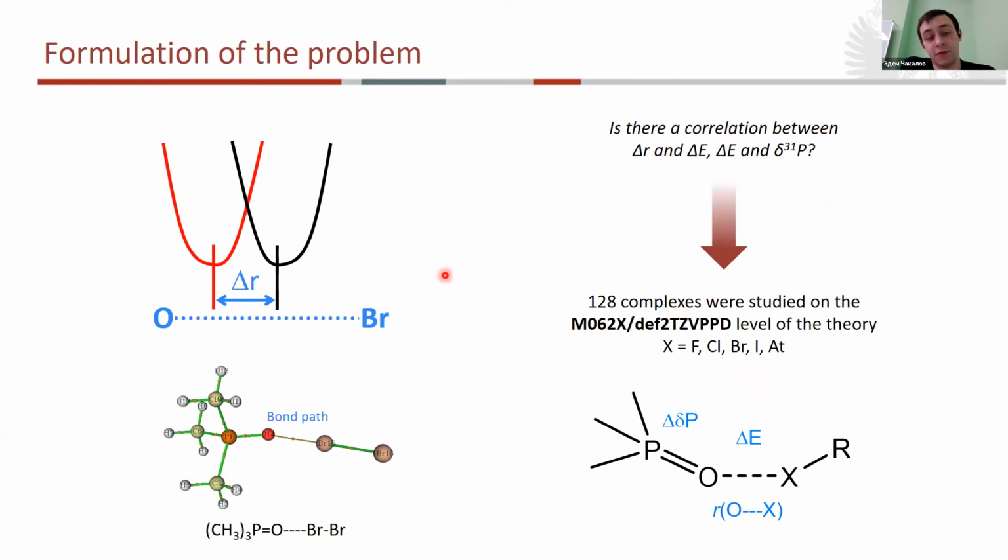Despite the wide abundance of halogen bonds, the relation between the halogen bond and its electronic structure parameters, which are related to the halogen bond strength and geometry, isn't yet fully understood.